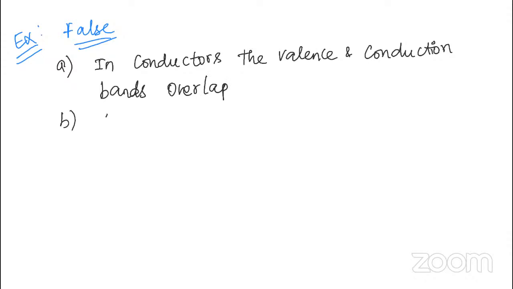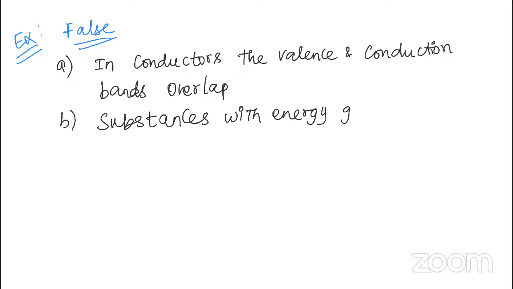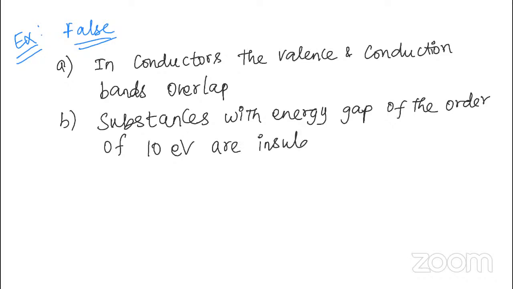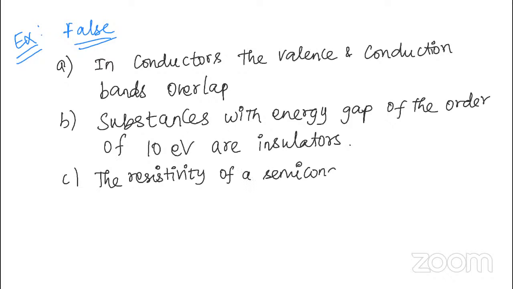Then, substances with an energy gap of the order of 10 electron volt are insulators. Then C, the resistivity of a semiconductor increases with increase in temperature.